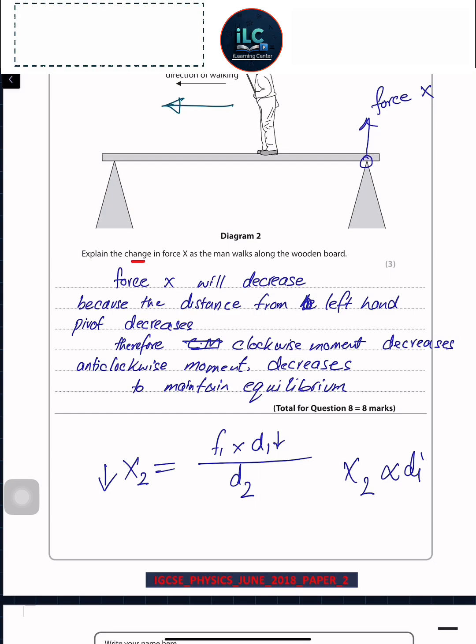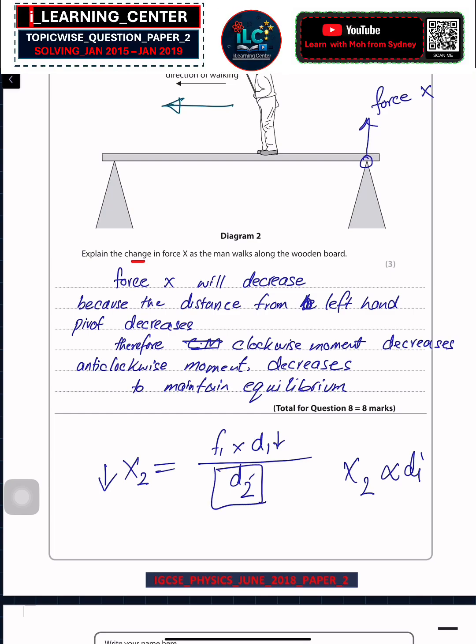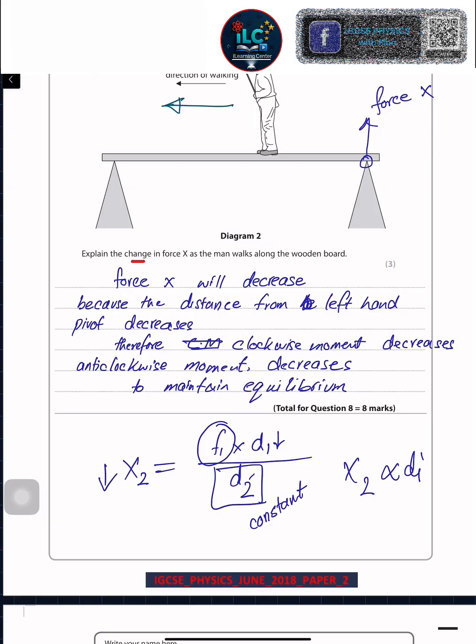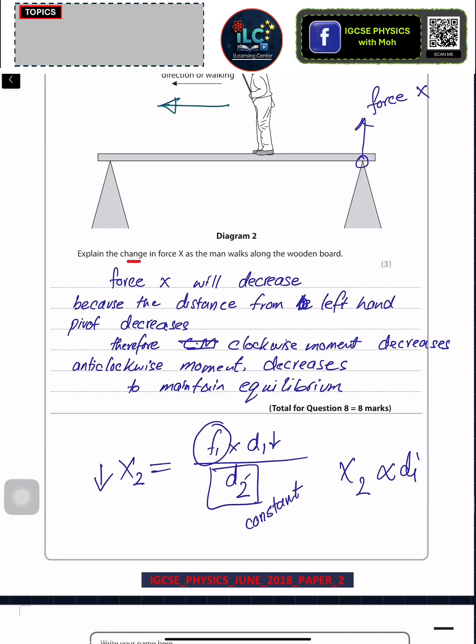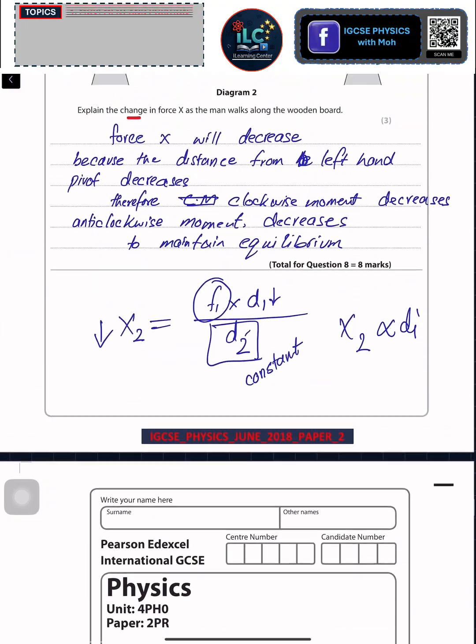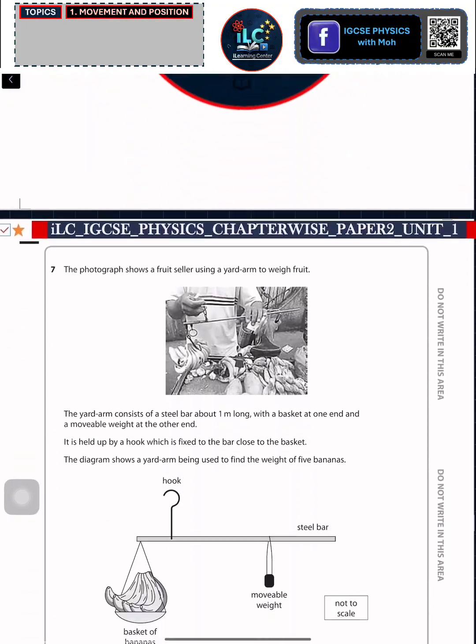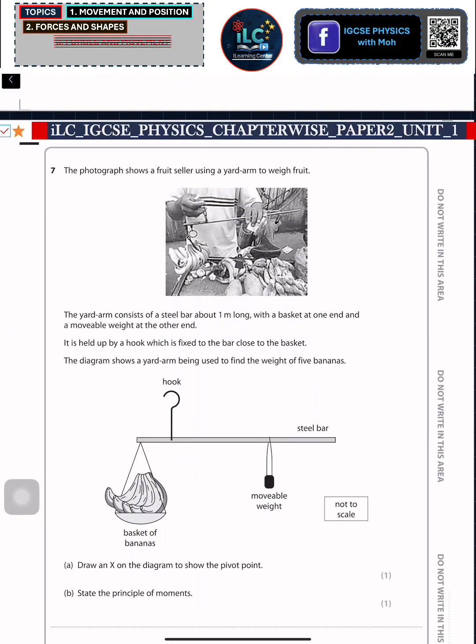If you remember, because this unit and this unit is constant, this hasn't changed. So we can move on with this fact here. We'll do the next question and you will see that this is very similar. So let's start.